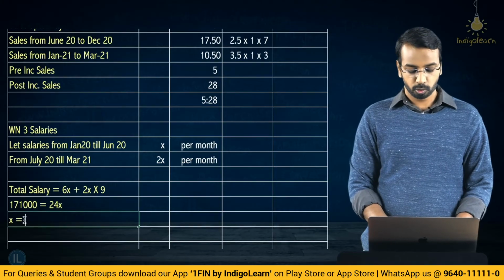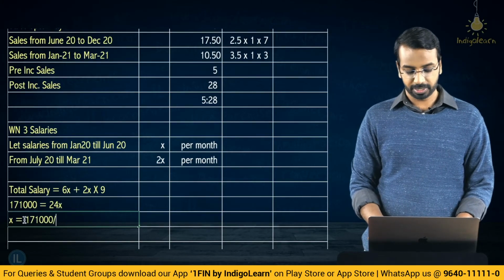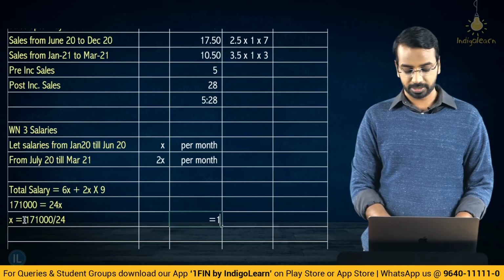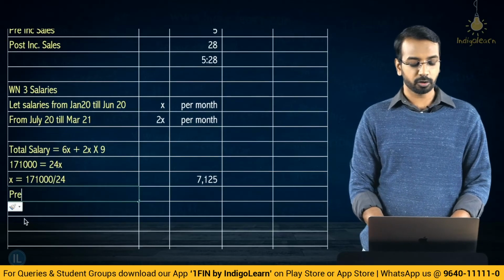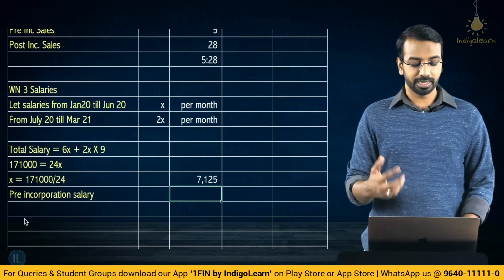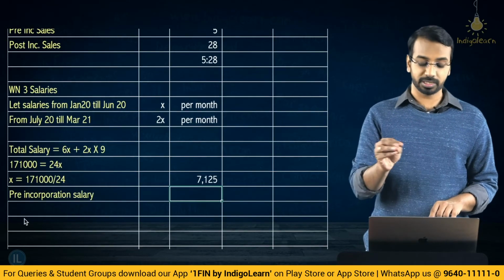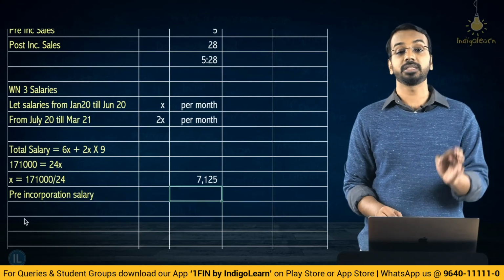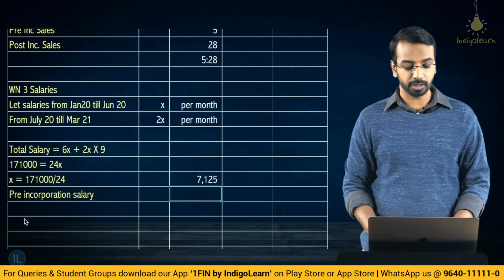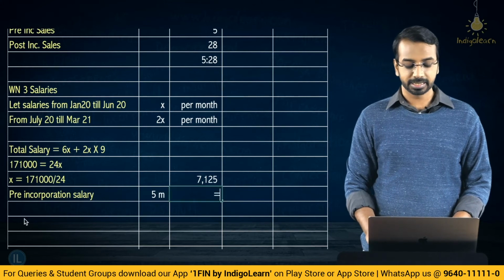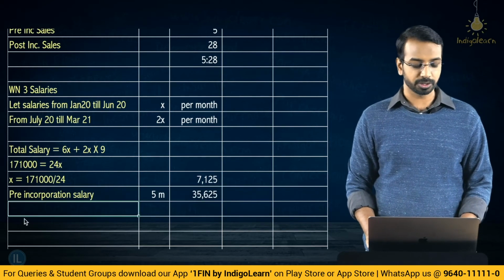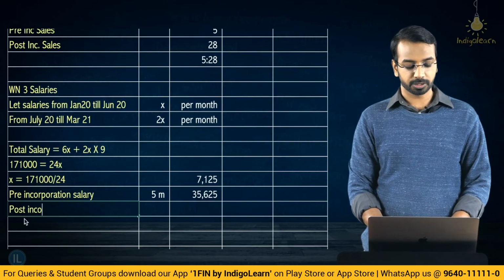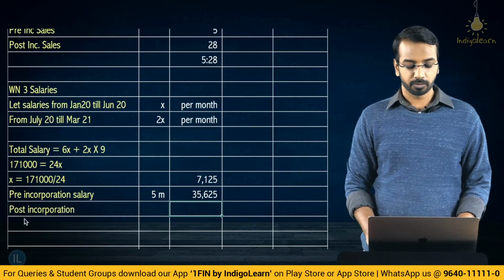X is equal to 1,71,000 divided by 24, you get 7,125. So pre-incorporation salary. Now in the examination, don't take 6 months and multiply with 7125 because pre-incorporation salary is only for 5 months. That is 7125 multiplied by 5, 35,625 is pre-incorporation. Post-incorporation will be for how many months?